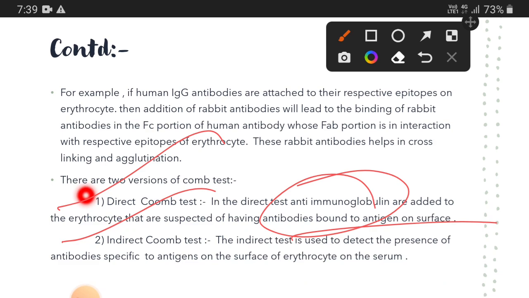Remember, in the direct Coombs test, the antibody is already present on the surface of the erythrocyte, but in the indirect Coombs test we are adding anti-immunoglobulin to find antibodies in the serum specific to the antigen on the surface of the erythrocyte.